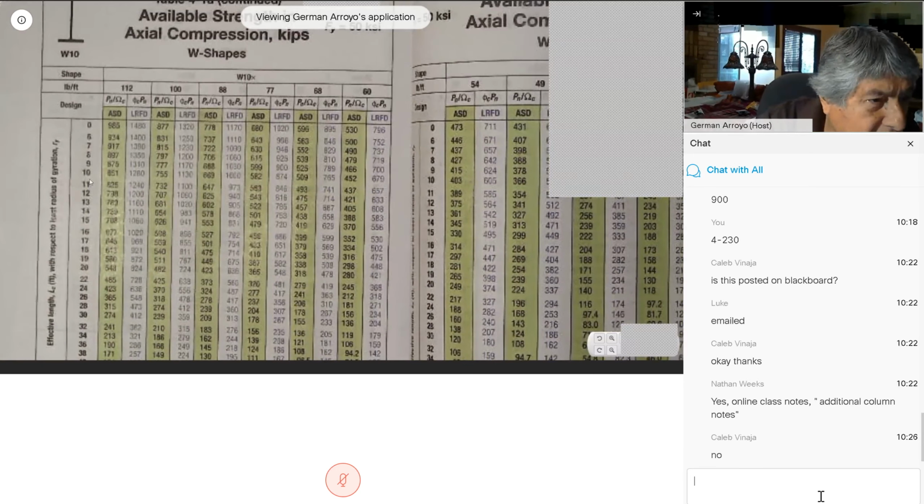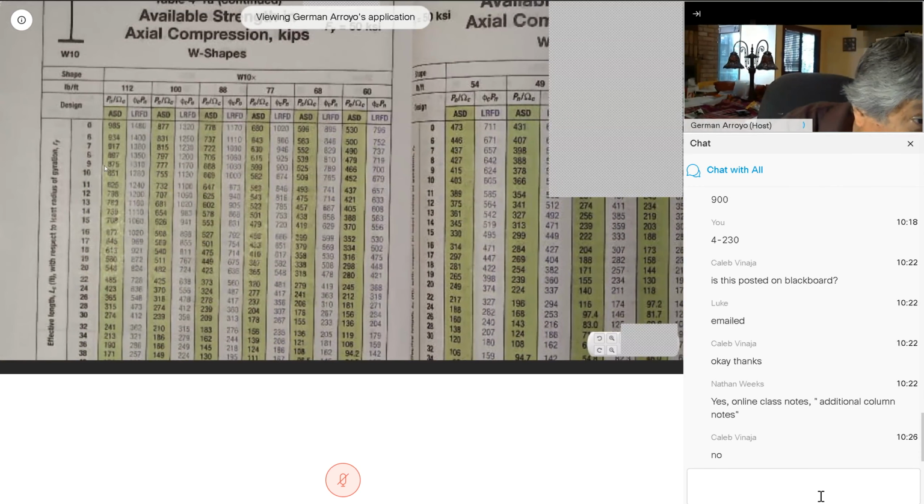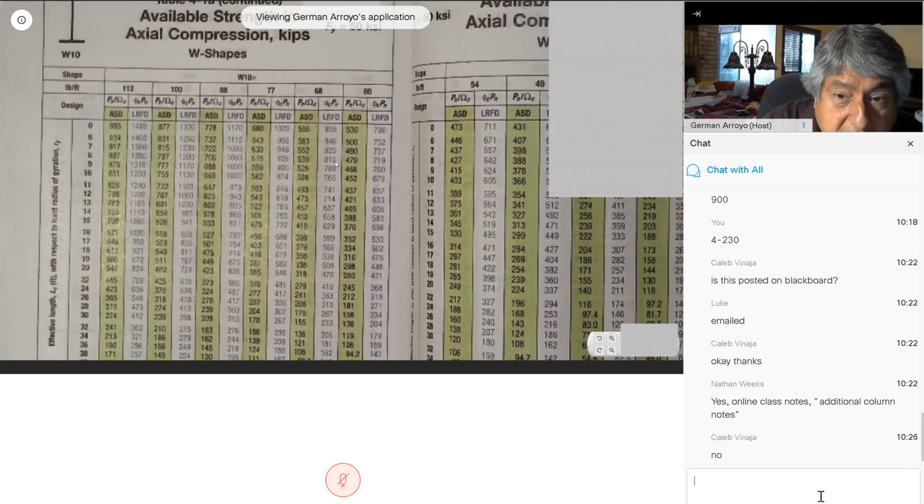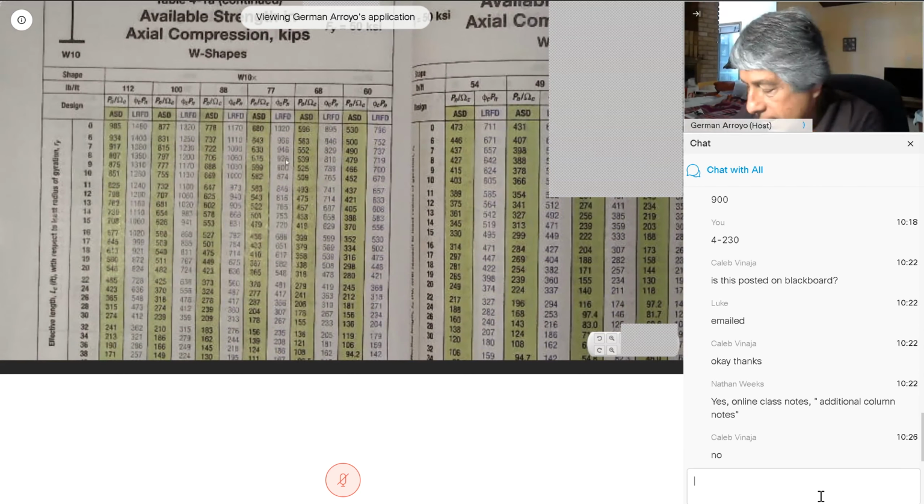I'm looking at KLY 8, and look, will this section work? W10 by 68? No. The first one that works is the W10 by 77.